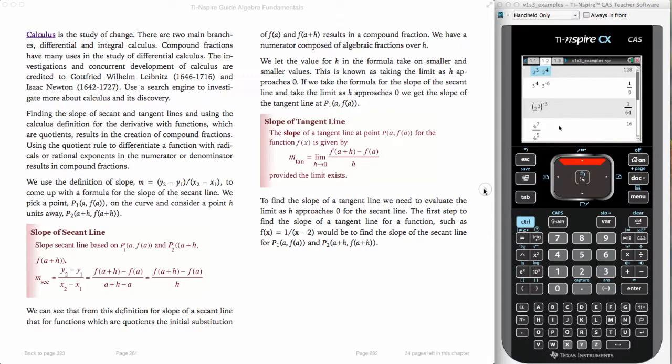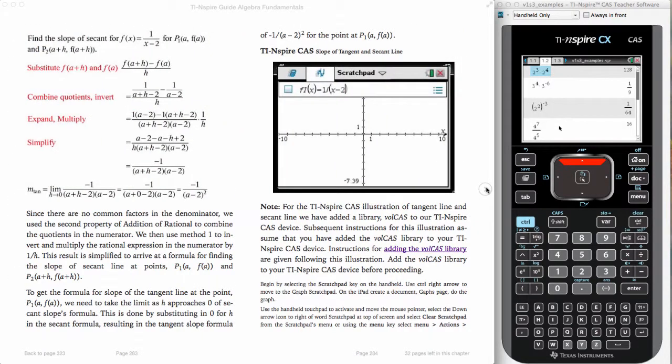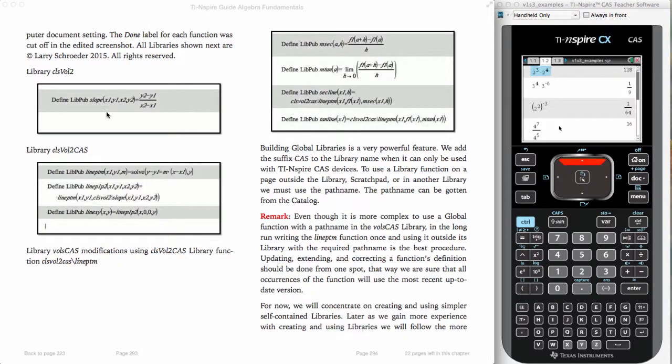Then when we move into compound fractions, the main use for this kind of stuff is in your calculus classes that follow these kind of algebra classes. So again, we go over some exposure to that. We also show you how you can build libraries of functions that can help us solve complex problems.